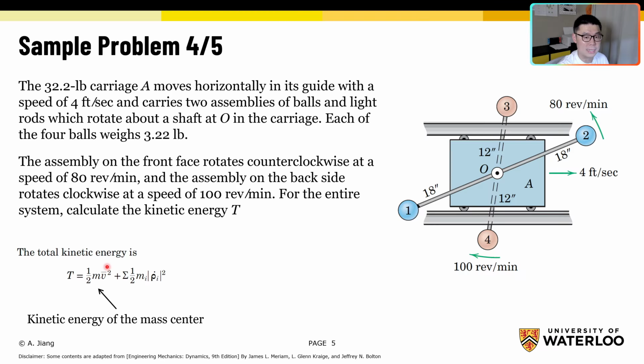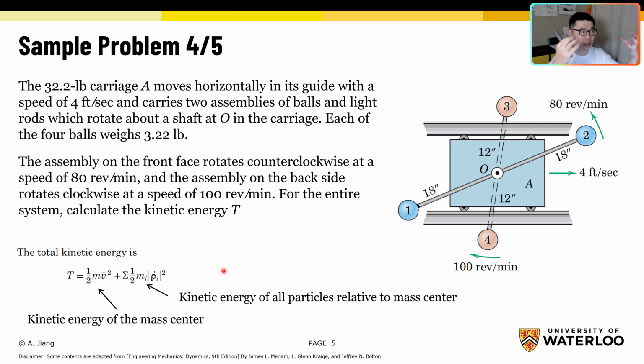The first part is the kinetic energy of the mass center, in this case O, or the big block in the middle. And the second part is the kinetic energy of all particles relative to the mass center: 1 relative to the center, 2 relative to the center, 3 relative to the center, and 4 relative to the center. By definition, this is the generic kinetic energy equation.